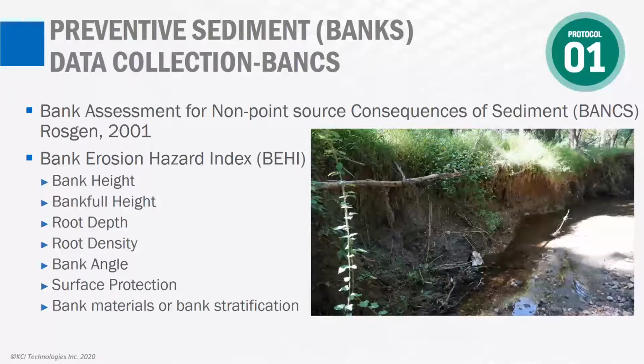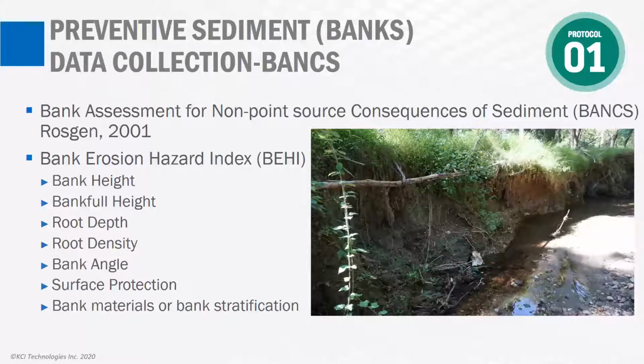So the main method for estimating stream bank erosion potential is through the BANCS method, the Bank Assessment for Non-point source Consequences of Sediment. The main goal of BANCS is to determine a stream bank's erosion rate, or really how much the stream banks of a particular project are eroding each year. There are two components to the BANCS method, the first being BEHI, the Bank Erosion Hazard Index.